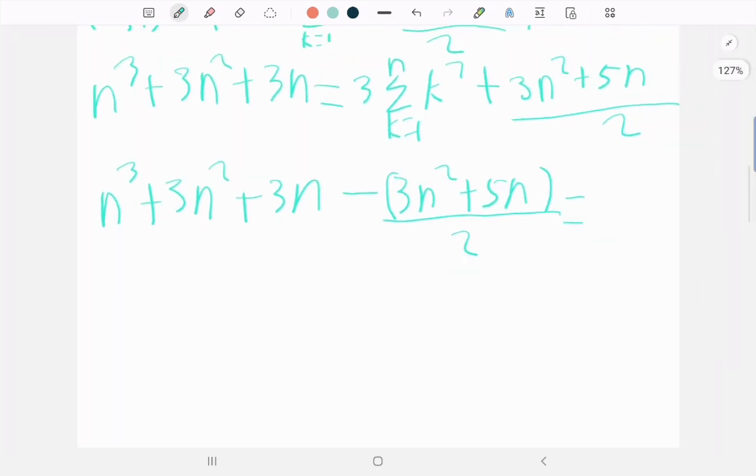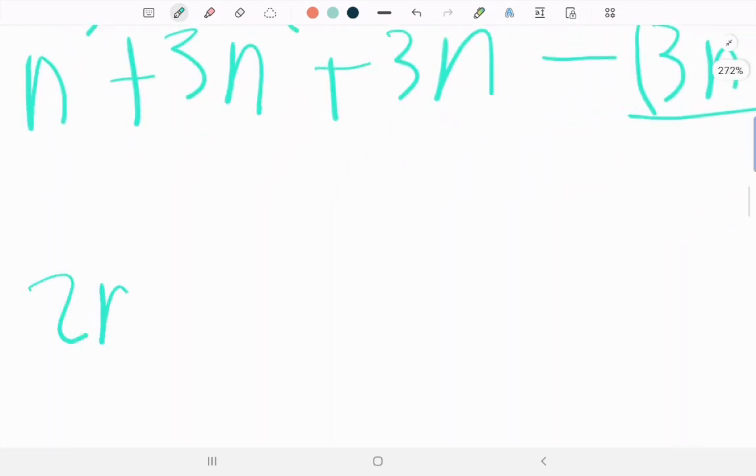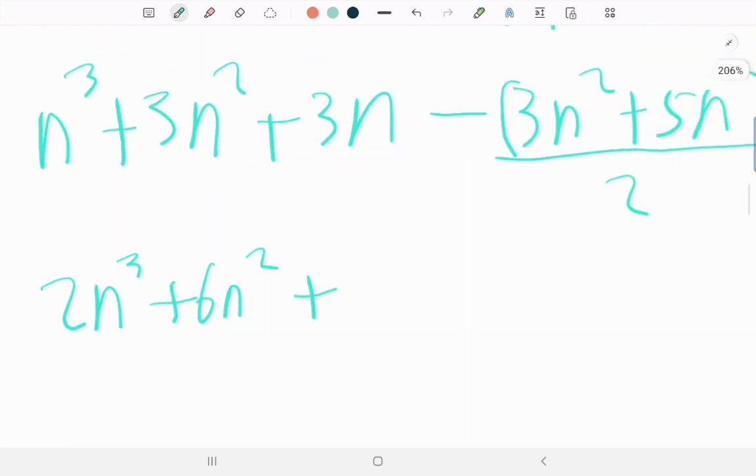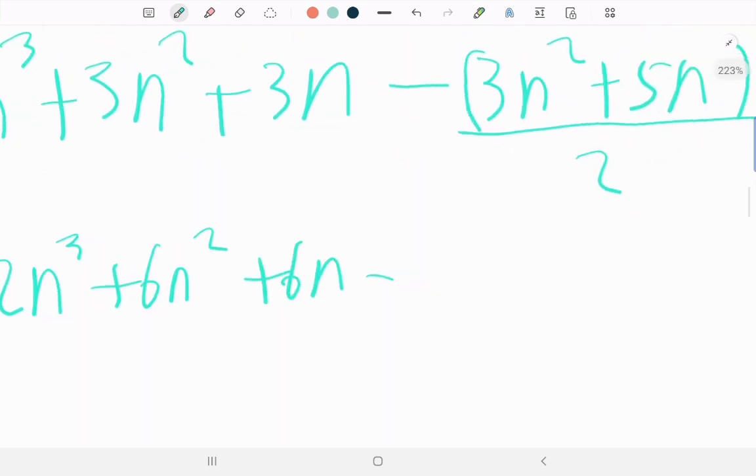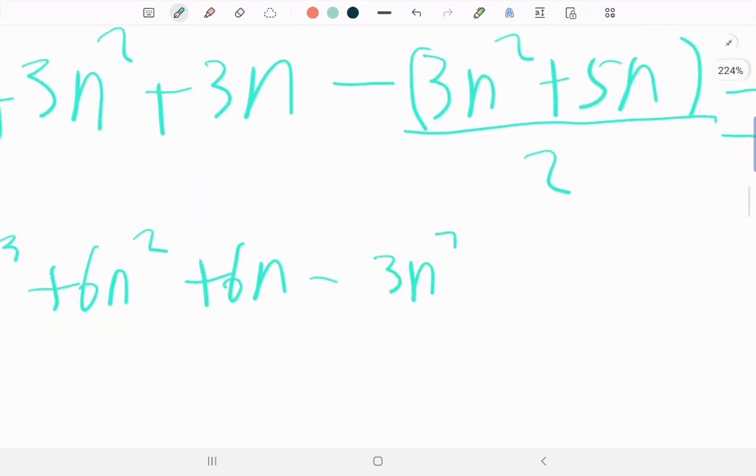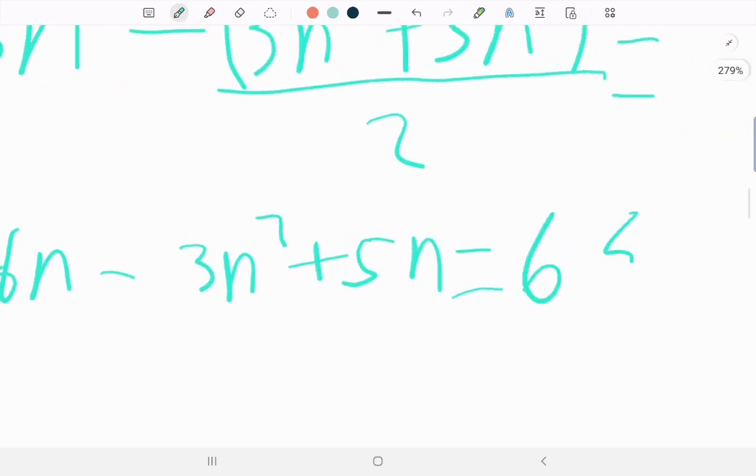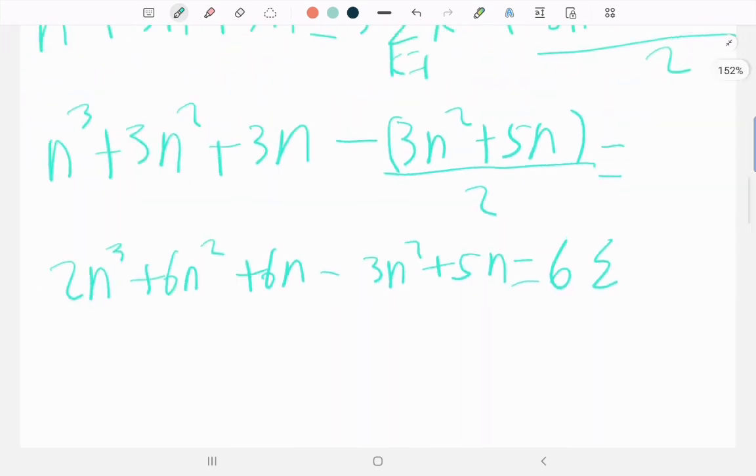So now we need to multiply by 2 on both sides to remove the fraction. So we get that 2n cubed plus 6n squared plus 6n minus 3n squared plus 5n equals 6 times the sigma summation from k equals 1 to n of k squared.